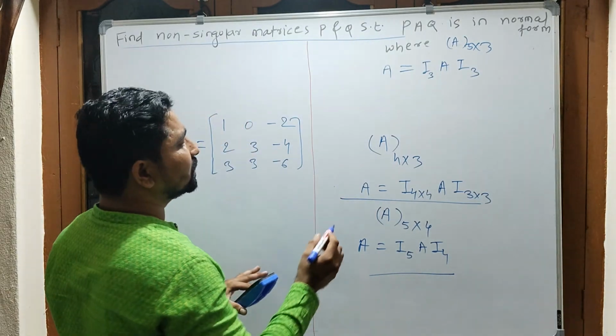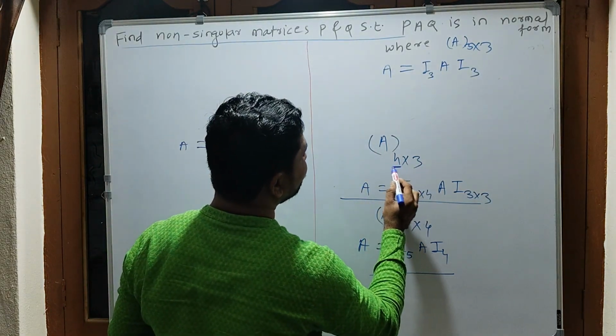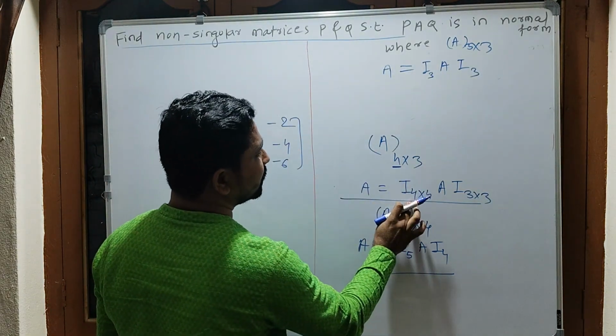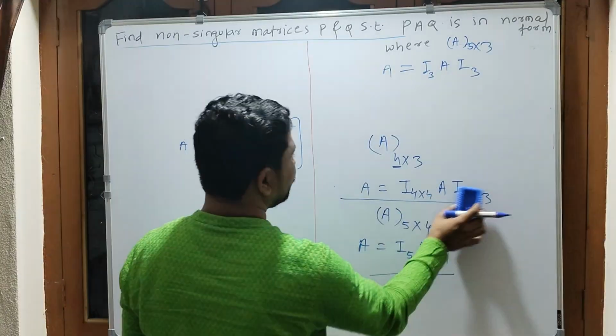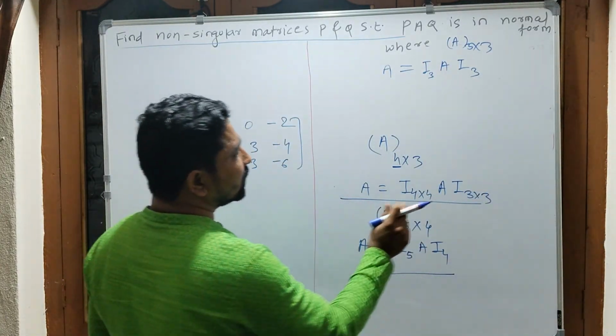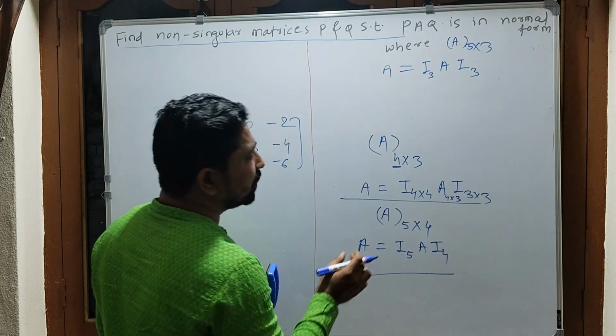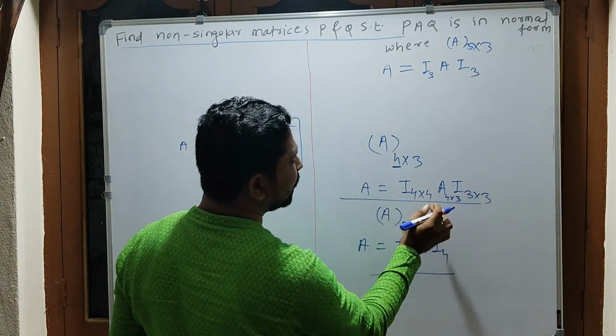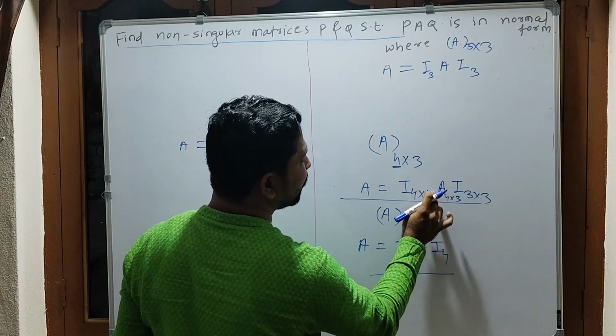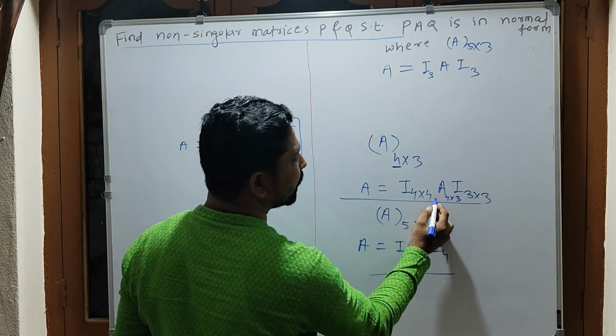You can write the order of this matrix from the left side. Here I will explain: this is a matrix of order 4 cross 3. Matrix multiplication is feasible if and only if the outer dimension of this matrix is the same as the inner dimension of the other matrix.